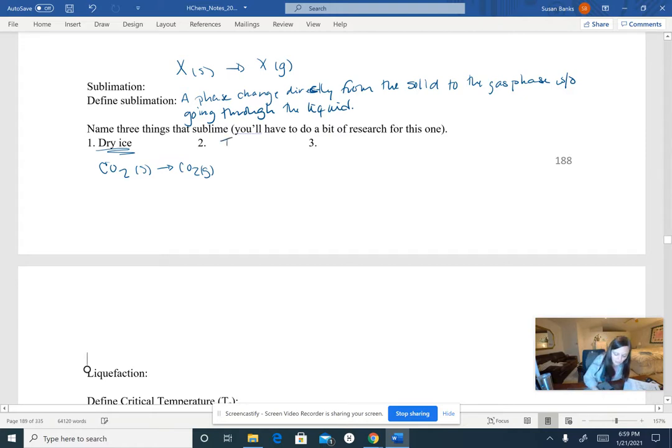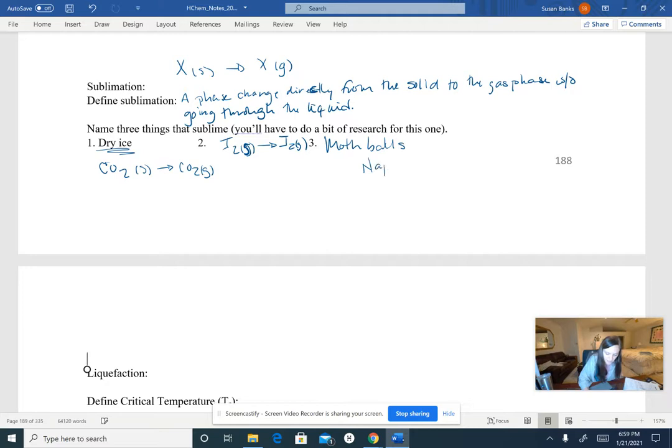Iodine will sublime. It goes straight from the solid to iodine gas. Okay, and another thing, it's kind of an old-fashioned thing, how many of you guys have ever heard of or seen mothballs? They're made up of naphthalene.